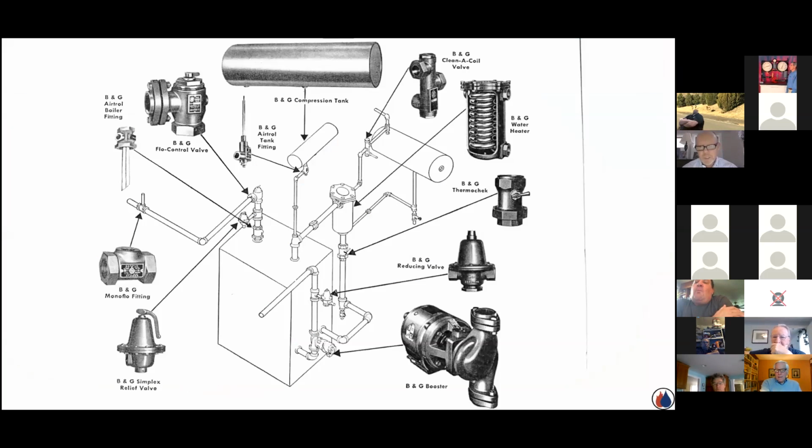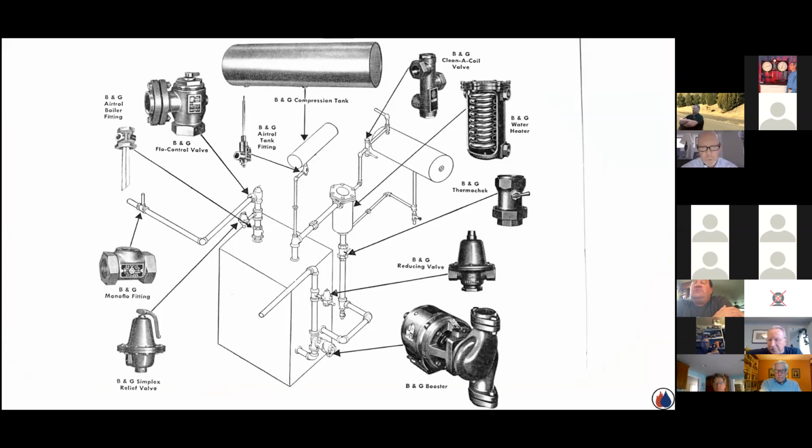And then I was doing some research, and I found this picture, and it's out of a 1945, 1948 catalog from Bell & Gossett. And I'm like, son of a gun, it's the exact same thing, what they were doing back then.